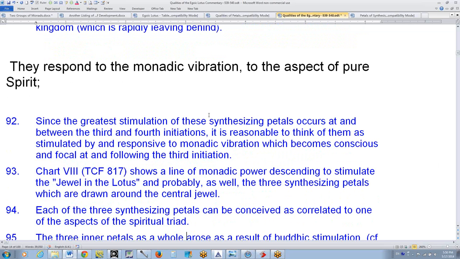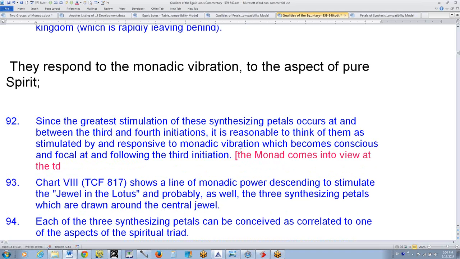Well, it seems that the greatest stimulation of these synthesizing petals does occur between the third and fourth, so it's reasonable to think of them as stimulated by and responsive to monadic vibration, which becomes conscious and focal at the third initiation. In other words, in a way, the monad comes into view at third initiation, and the initiator is Sanat Kumara.